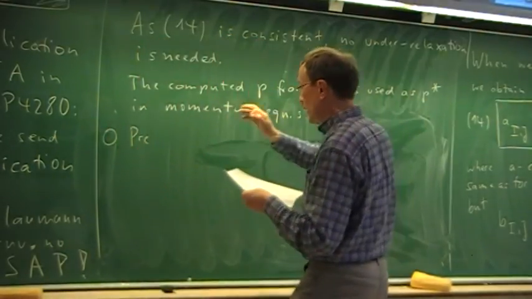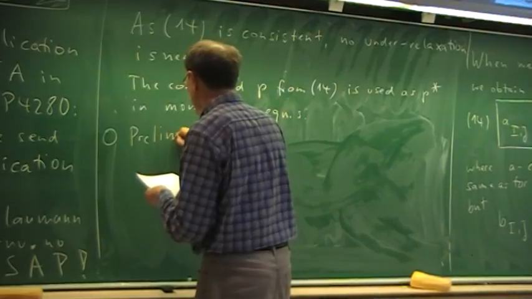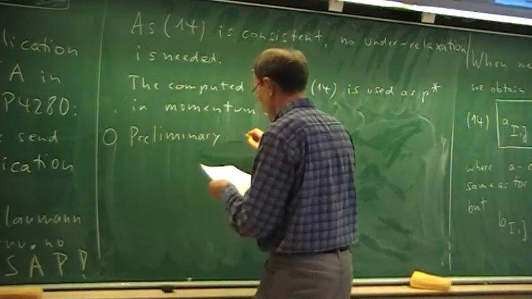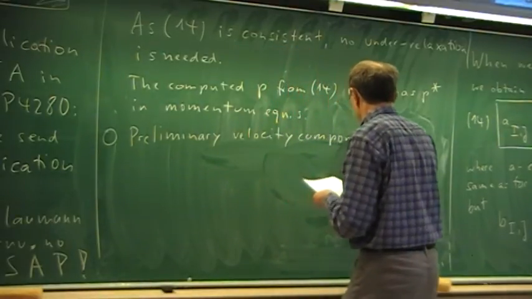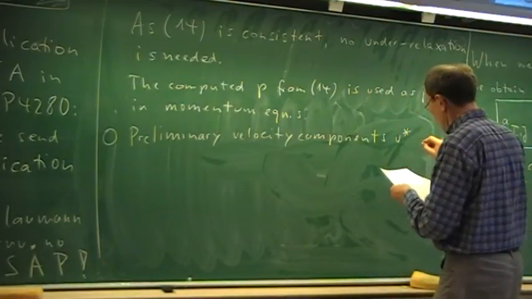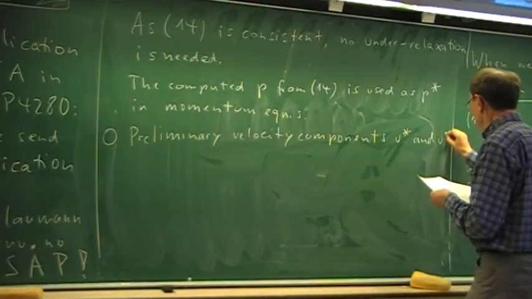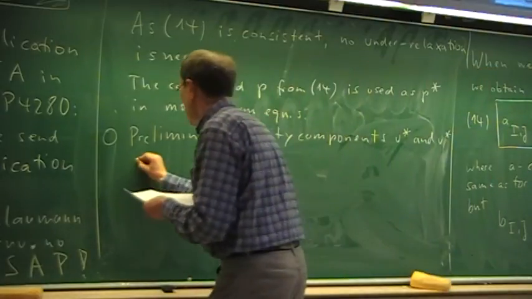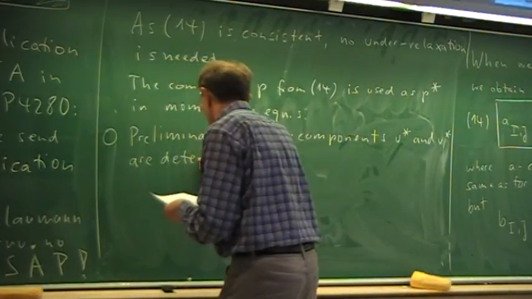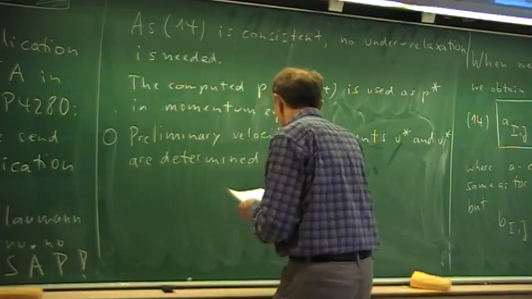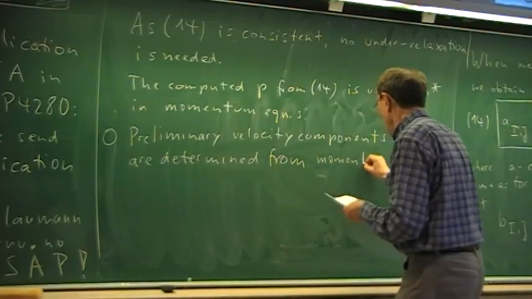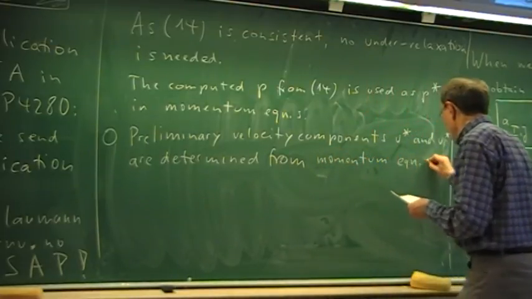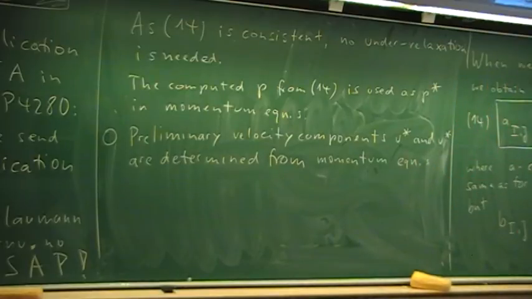First this step, and then we compute the preliminary velocity components, the u star and the v star, from the momentum equations. So we solve the x momentum, y momentum, and in 3D also the z momentum.